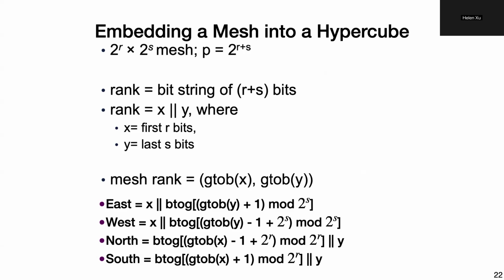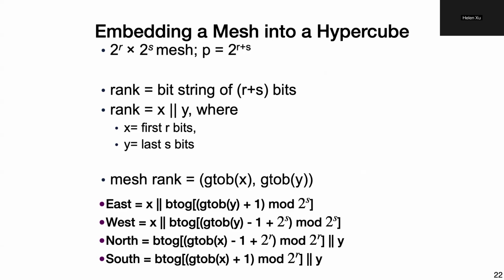And this is the same thing that we have been doing for the left and right step for the ring, except now since we have 2 dimensions, we have 4 neighbors: up, down, left, right. This is how you calculate the top and the down, because if you go left and right, only the column changes, the row is fixed.